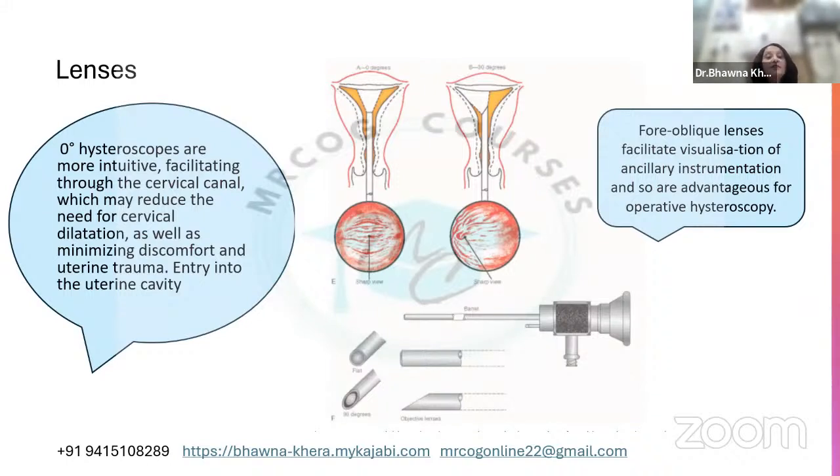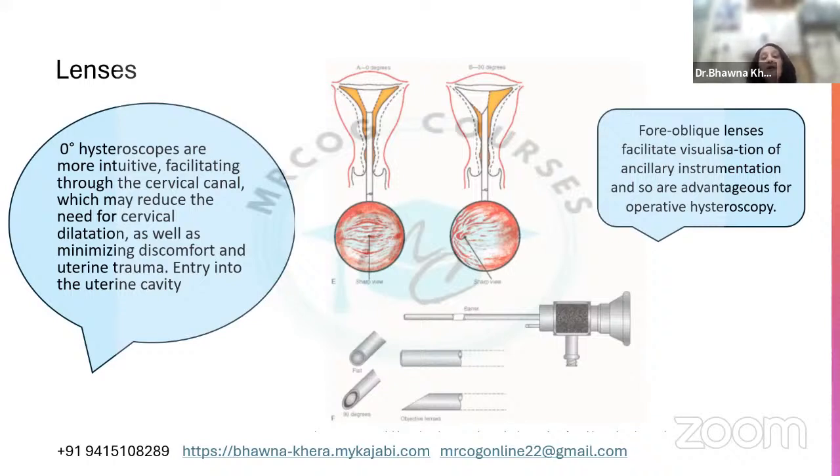So 0 degree hysteroscopes are more intuitive, facilitating entry to the cervical canal. Whenever you are expecting a problem at the level of the cervix because of cervical stenosis, then 0 degree is the better one, and it will reduce the incidence of injury.